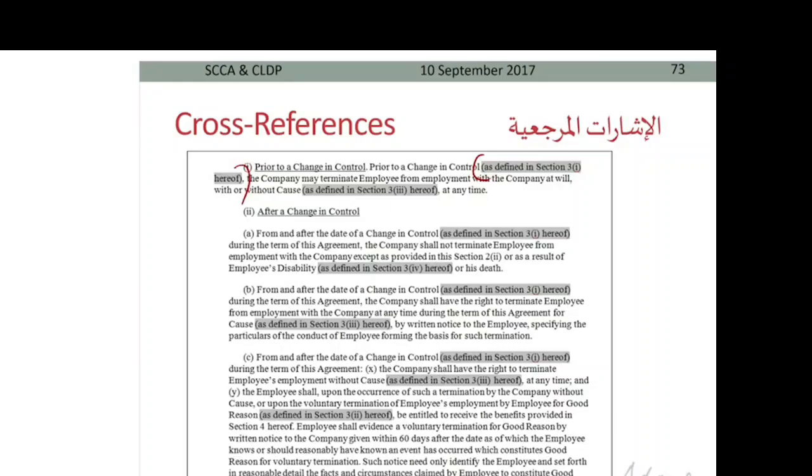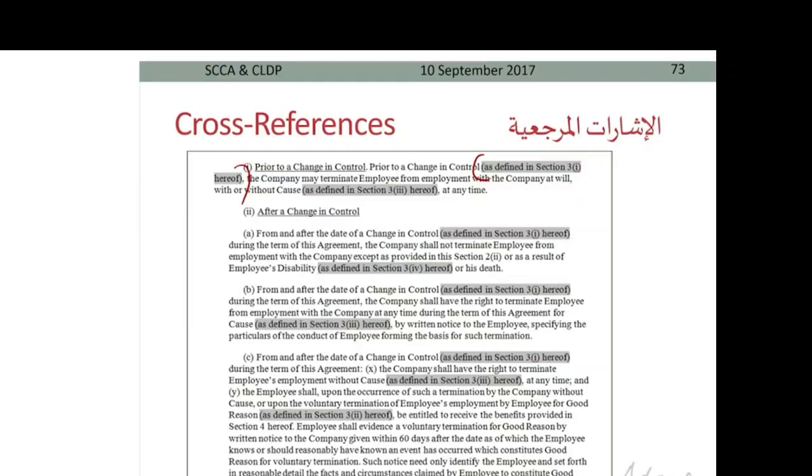In fact, they like the idea so much that they put it after every time you use change of control. That's kind of crazy. I've only seen this sort of thing once. So you might say, okay, that's silly. We'll just do it once. After the first time we use the defined term, we'll have a cross-reference like this.